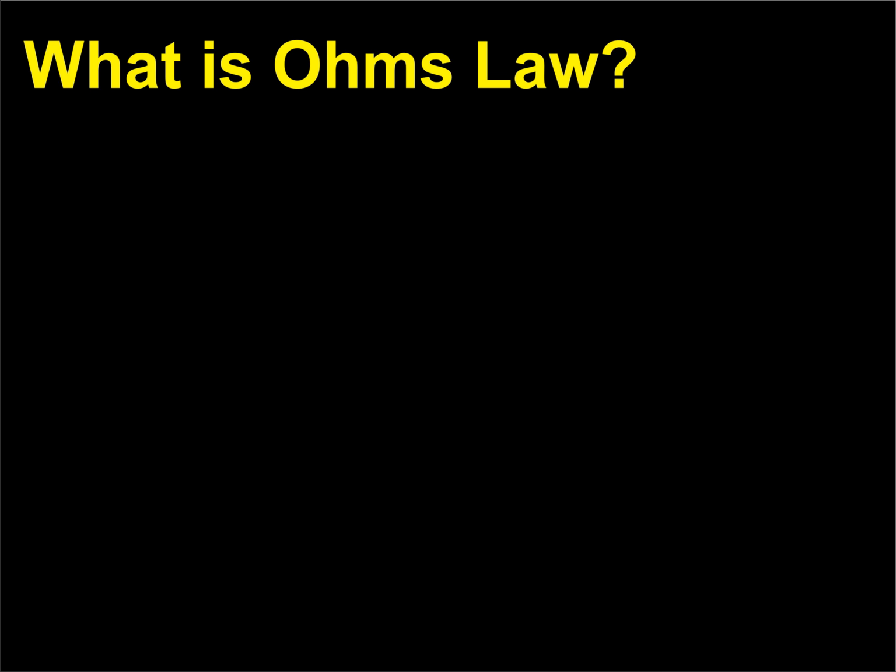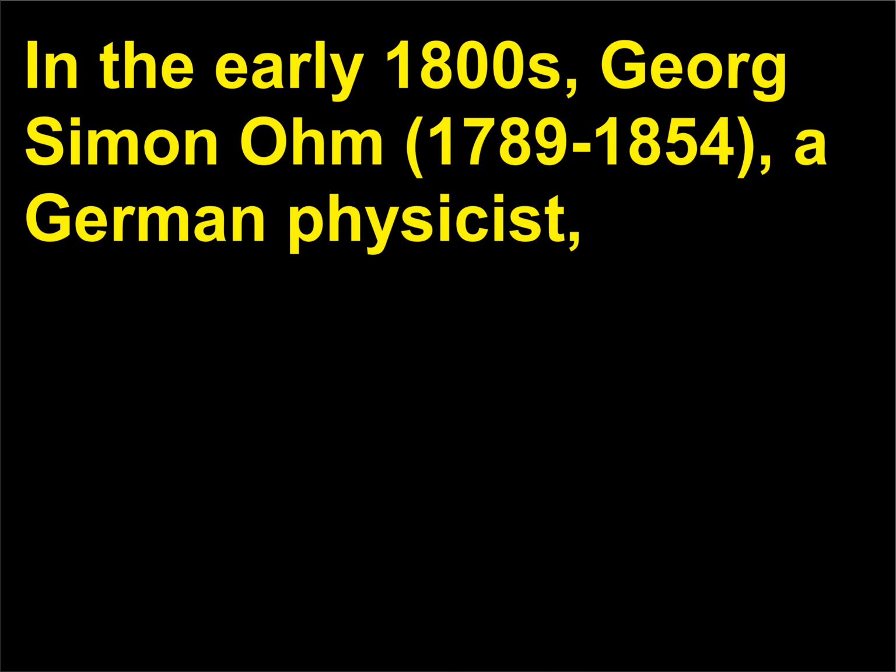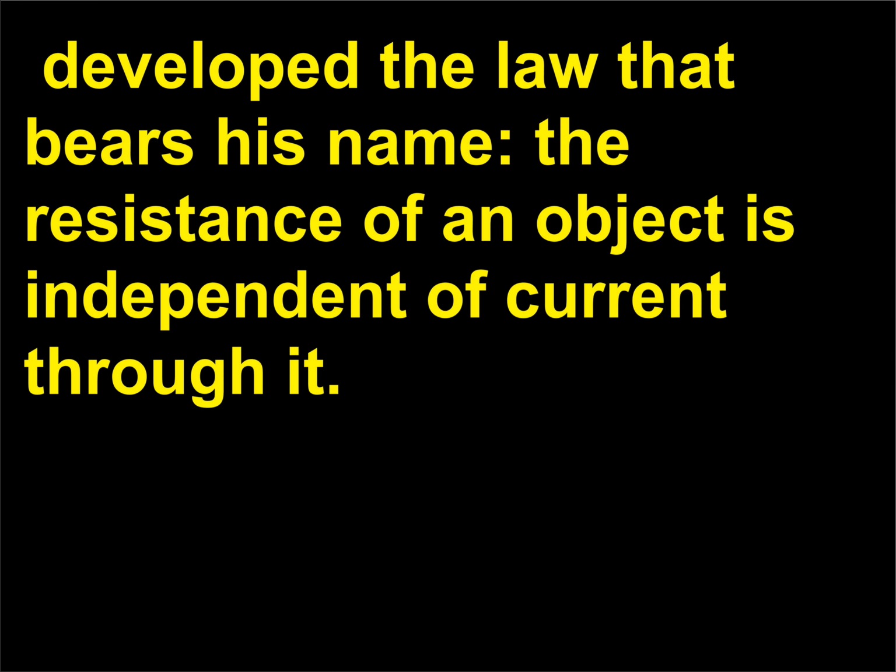What is Ohm's law? In the early 1800s, George Simon Ohm, 1789 to 1854, a German physicist, developed the law that bears his name: the resistance of an object is independent of current through it.